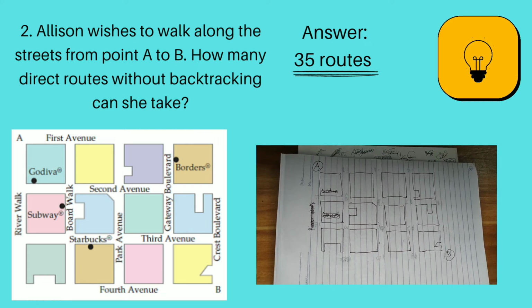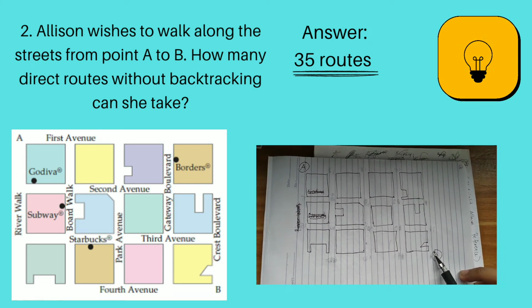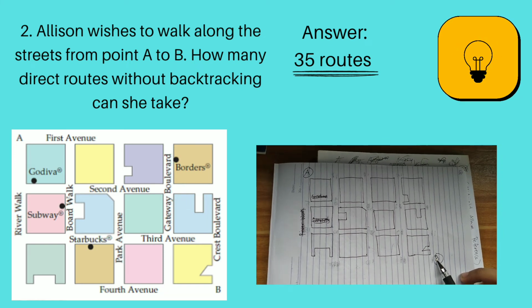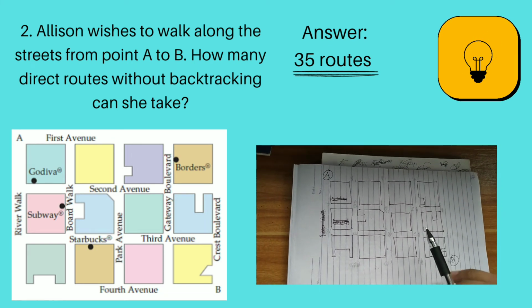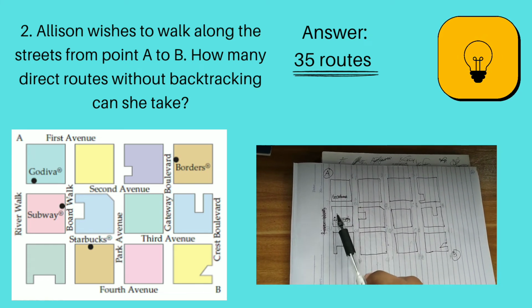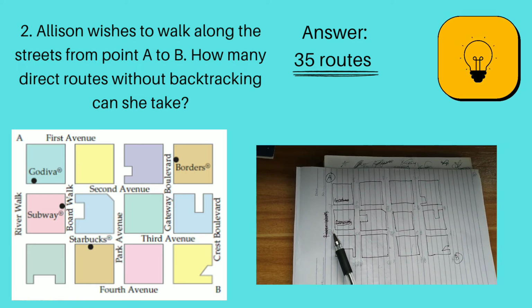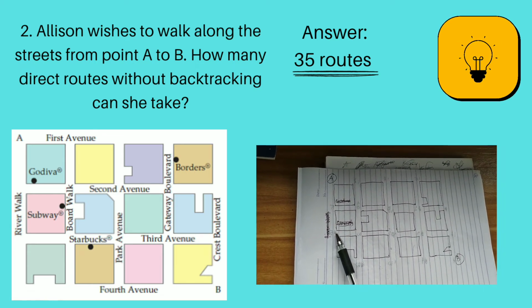So how do we know that it is 35 here at point B? To know that, first let's put a number at each corner of the buildings, like this one. So there we will place the numbers.